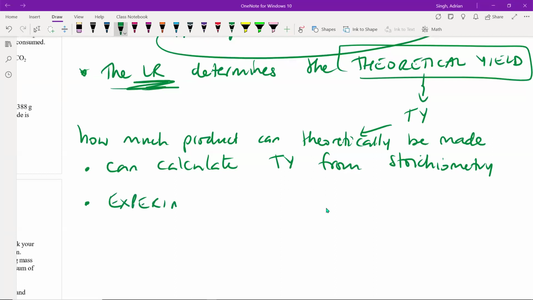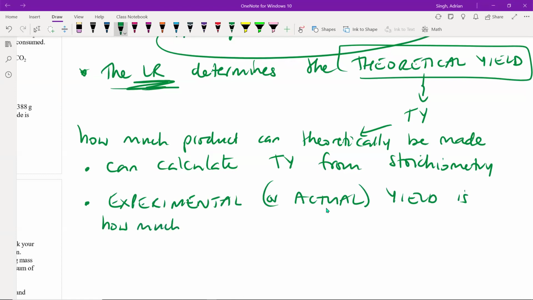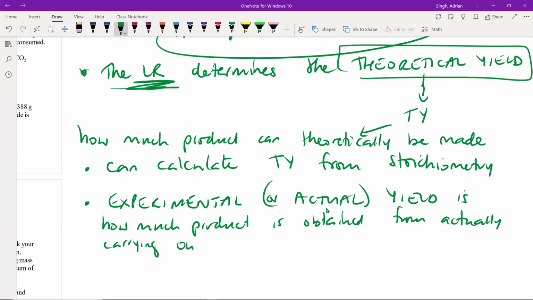And that's a different term. So experimental, sometimes it's called the actual yield, is how much product is obtained from actually carrying out the experiment.